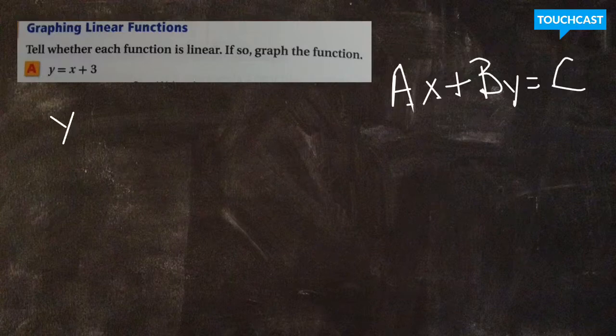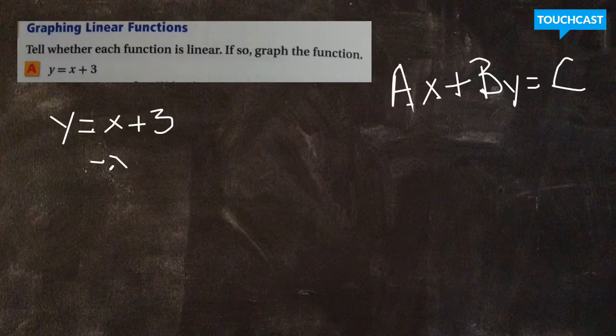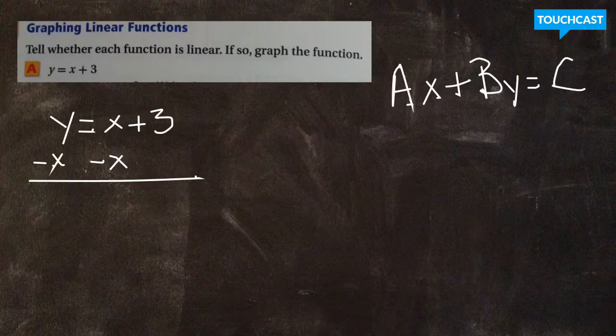We need to get all the x's and the y's on one side of the equation. So what we could do is subtract x from both sides. What that will do is zero out the x minus x.